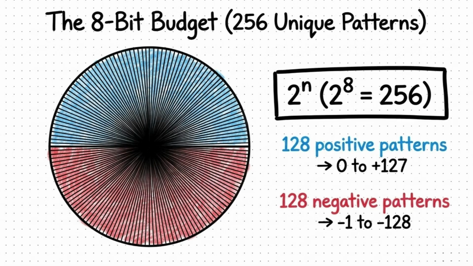Just like before, 0 takes one of those positive slots. So our 128 positive patterns cover 0 to 127 and our 128 negative patterns cover from minus 1 to minus 128. Hence, an 8-bit number ranges from minus 128 to plus 127.